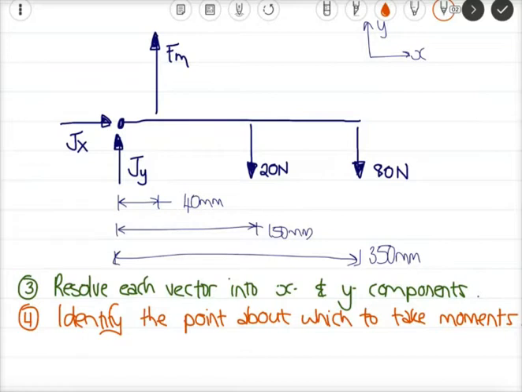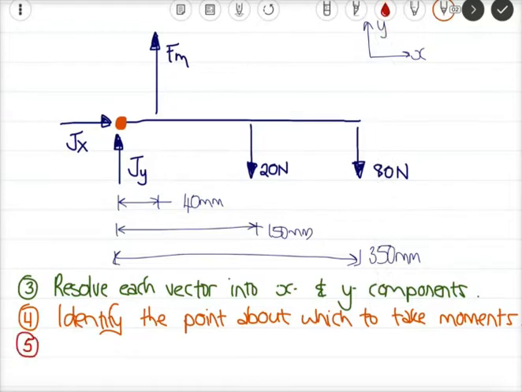What we try to do is minimize the number of unknowns in the system by choosing a point that will make some forces centric. So in anatomical systems, we choose the joint center as our axis of rotation, or the point about which we take the moments. And by choosing the joint center, you'll see that Jx and Jy become centric forces, so they don't contribute to the moment equation. And so that makes our life a little bit easier, and we can solve for Fm when we apply sum of the moments equals 0.